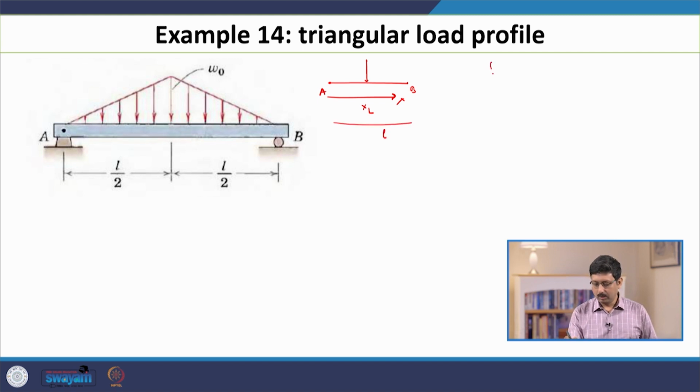So, the total torque, as you can see, is x times dF. If this distance is x, then this piece about this point A. Let us say this force is acting on a small slice of length dx, then the force is dF, and the dF generates a torque which is x times dF, which is Wx times dx.